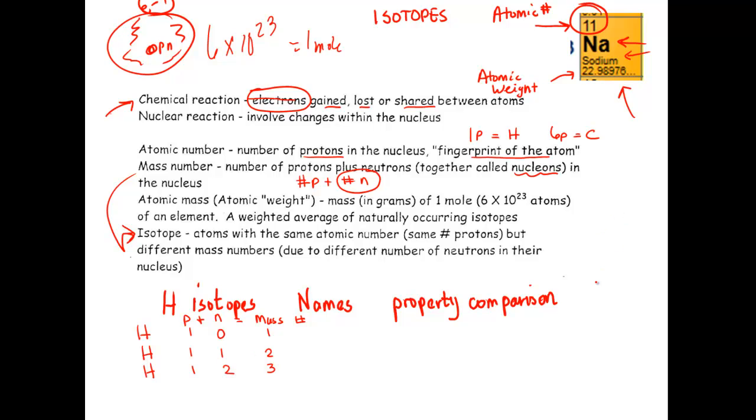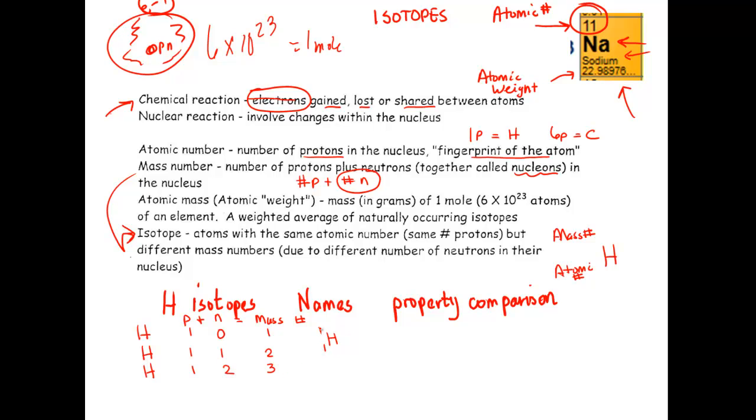And the way we will write to tell you what particular isotope it is, we will take the symbol, for example, hydrogen, and we will put the mass number on the top left and the atomic number on the bottom left. So for our first isotope of hydrogen, it would be 1, 1.